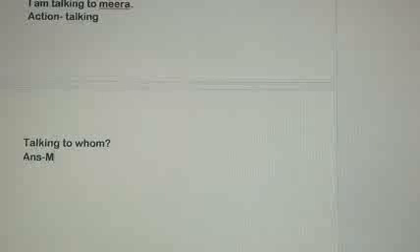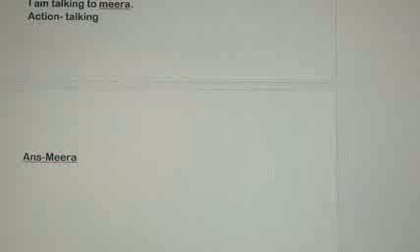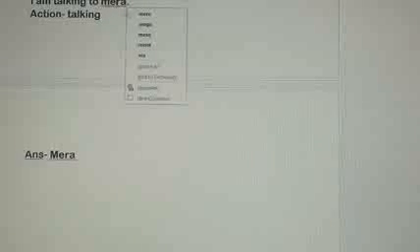So, this is the correct way to identify the object in this sentence. This is the way to identify an object in a sentence.